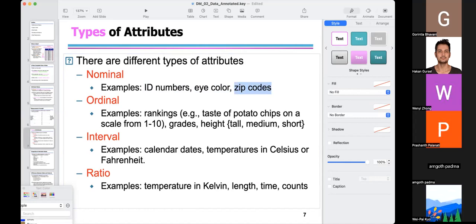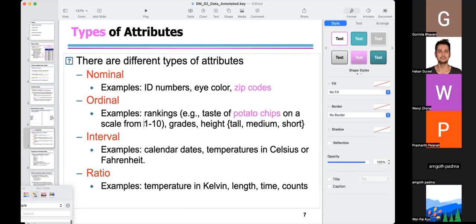For example, ordinal type of attributes are the ones that logically have an order. One is higher or lower or better than the other. So rate the taste of your potatoes, for example. Do you like these potatoes or not?